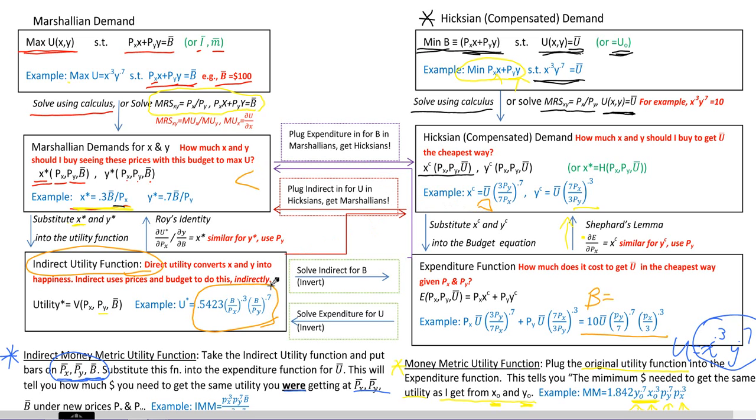Plug it in. No, actually, I said it right. I apologize. I'm running out of caffeine here. I need a coffee. Plug it in here for the utility, and that will give you the Marshallian demands back.